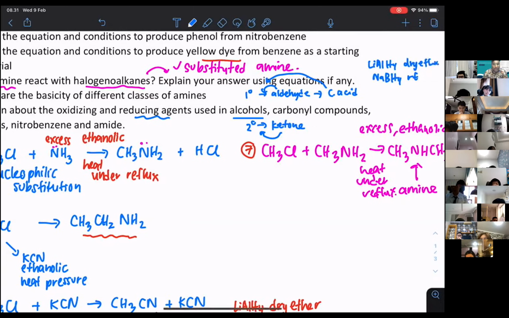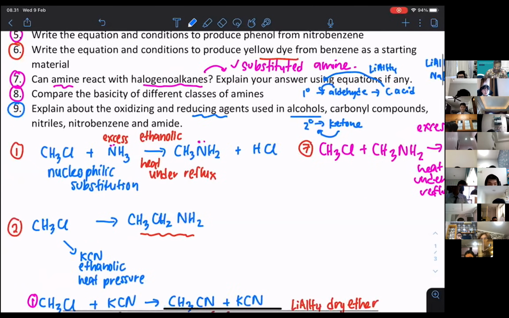But if you want to change carboxylic acid to primary alcohol, you can only use LiAlH4. Please remember that. So this is related to alcohols and carbonyl compounds.